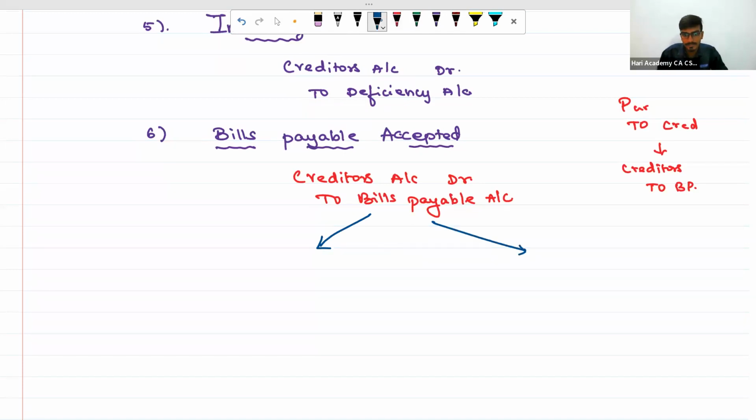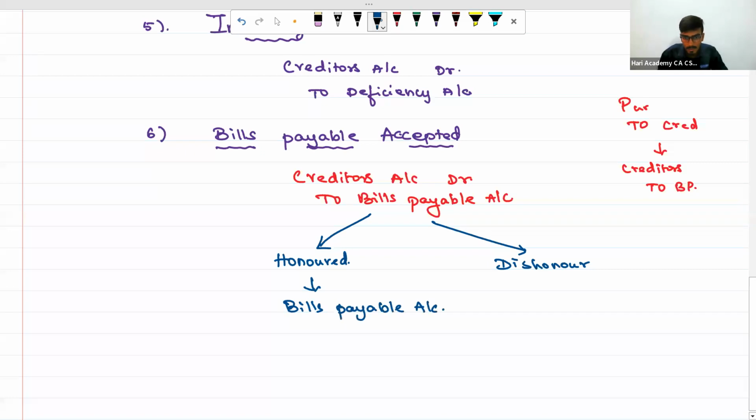Then, if it is a bills payable, the concept of honored and dishonored comes to mind. I'm just giving an intro about purchases in the bills of exchange concept. Again, I'm just giving an overall view. At the end, I will summarize it. On honor, we pass an entry: my bills payable is cancelled off.